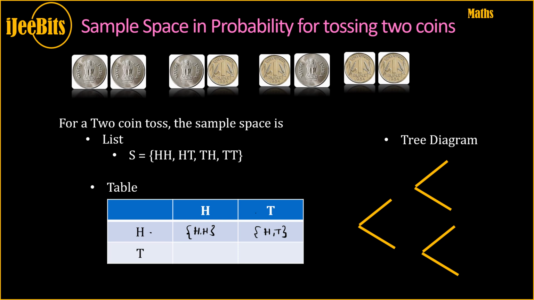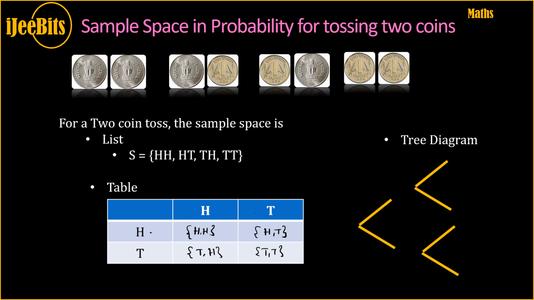Look here now. This is a tail and this one head. Now look here, tail and tail. This way, these four are the outcomes when we are flipping two coins. So these are called the sample space for your tossing two coins case.